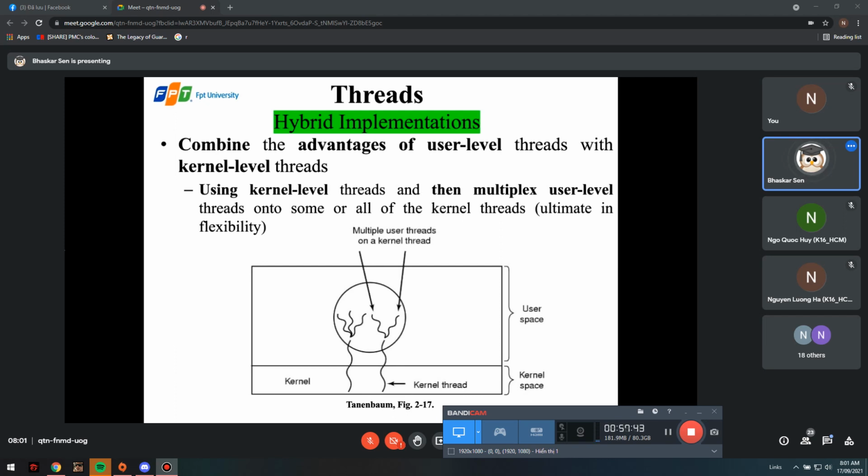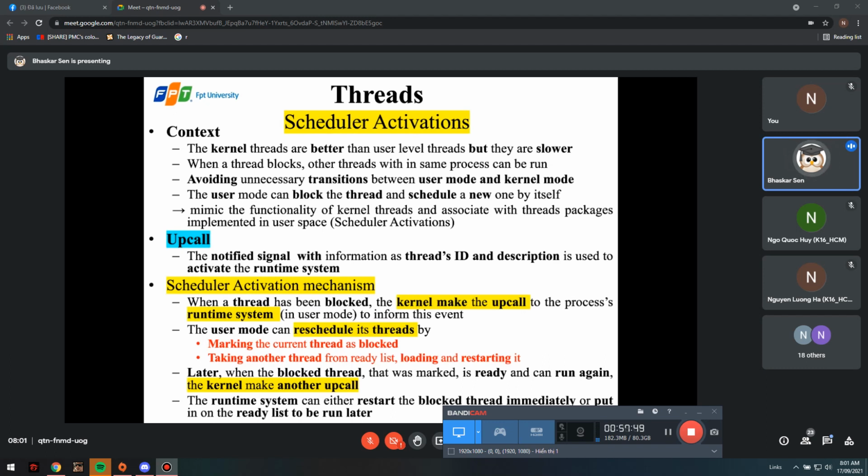So that is what hybrid implementation is all about. Now, since we understand hybrid implementation, we'll move on to scheduler activation. So essentially, the kernel has a role to play. Now, as I said, from time to time, the kernel needs to get involved in it.